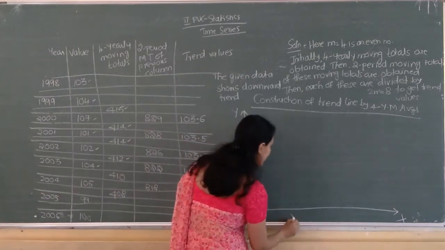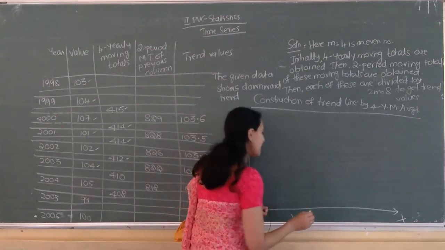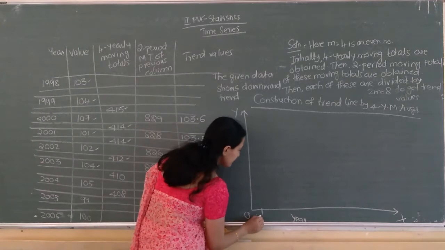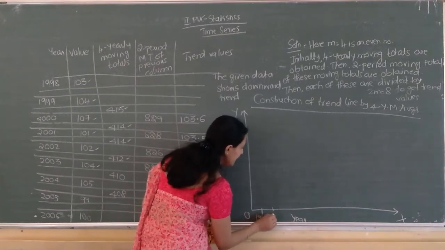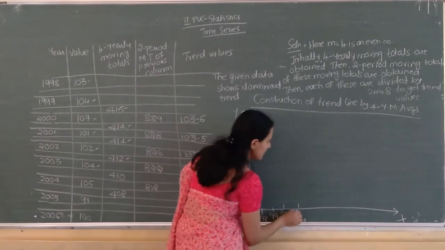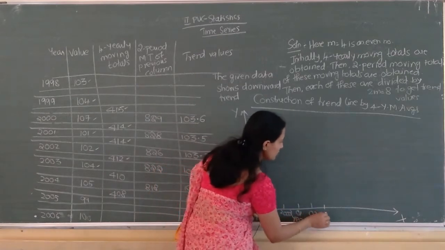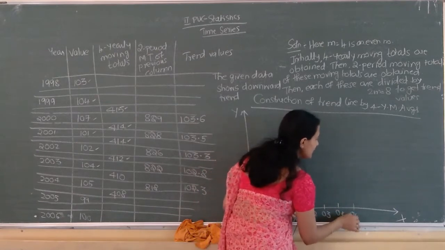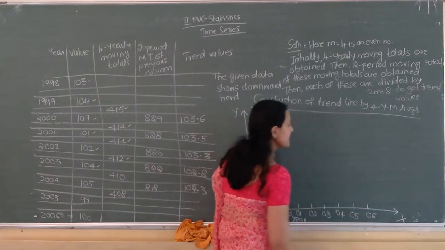Here it is year. On the x axis: 1998, 99, 2000, 2001, 2002, 2003, 2004, 2005, 2006.